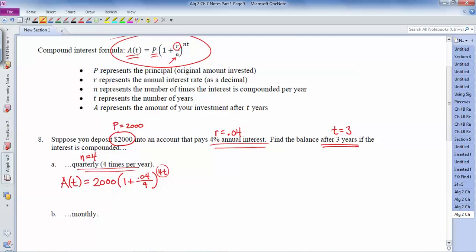If I'm compounding for 3 years, 4 times a year, then that whole number is going to be 12. So let's look at A of 3. It's going to be 2,000 times 1 plus 0.04 over 4, to the 4 times 3. And then we'll just plug this into a calculator.